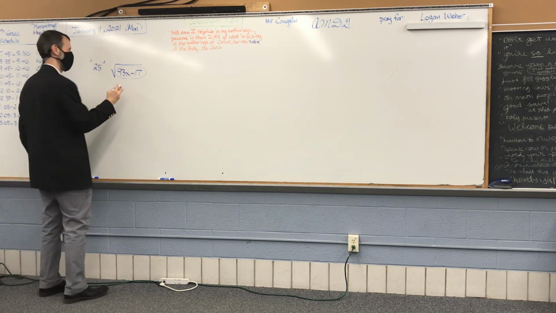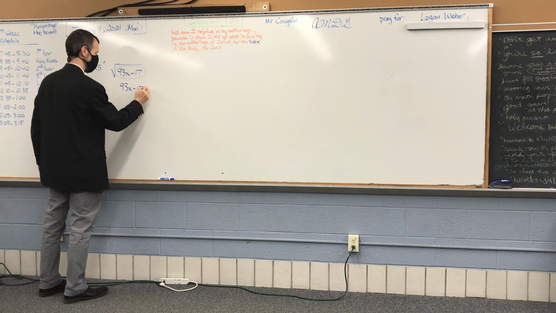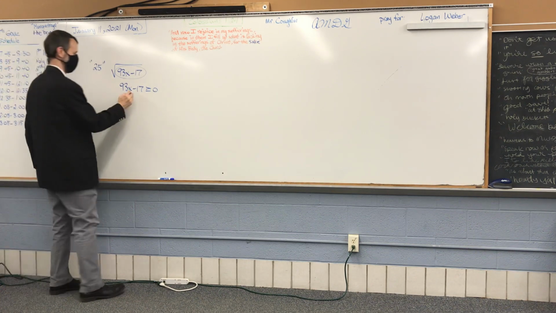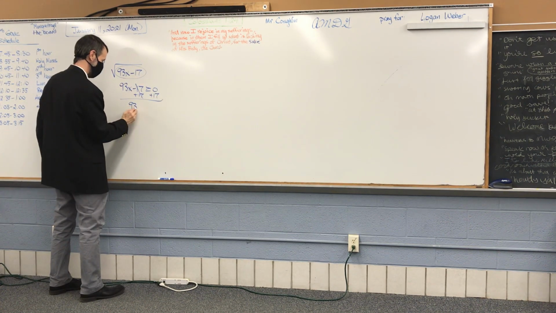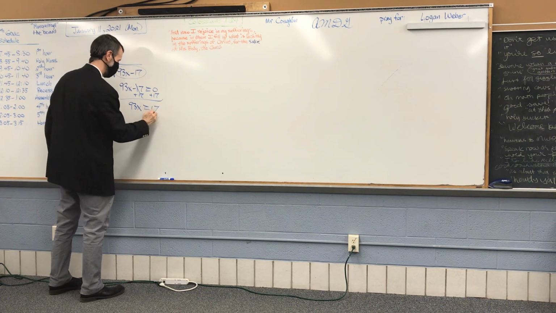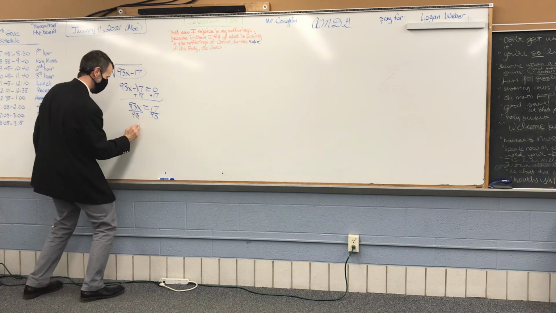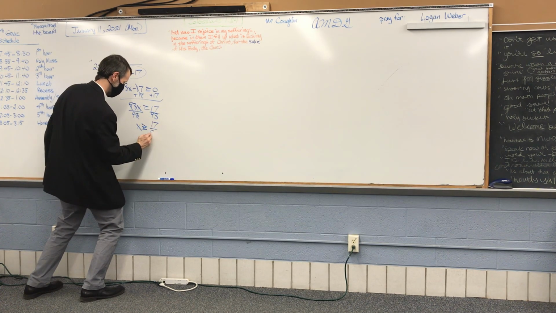It has to be 0 or above. Here's what I'd write: 93x minus 17 is greater than or equal to 0. That's the key. And then just solve. So 93x is greater than or equal to 17, divided by 93 on both sides, and you should get x greater than or equal to 17 over 93.